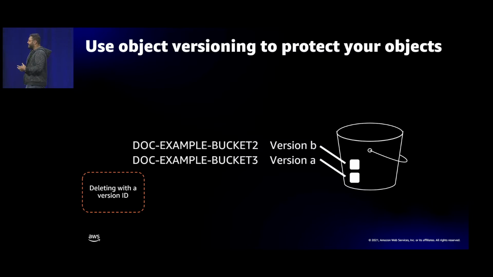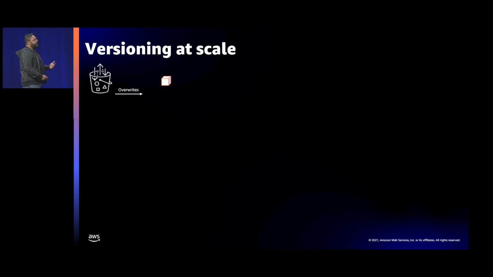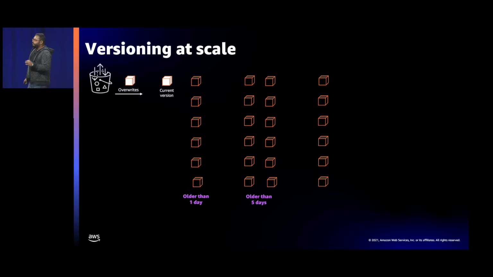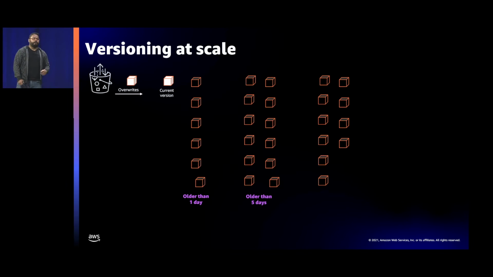But things can get really complicated for complicated workloads. For example, let's say you have data lake workloads or analytical workloads where you create and override data every single second. We hear from a lot of our customers that they generate thousands or tens of thousands of overrides every single day, and that becomes an everyday reality for their workloads.